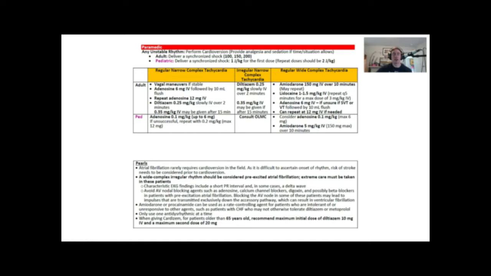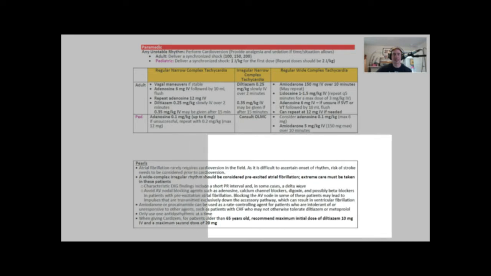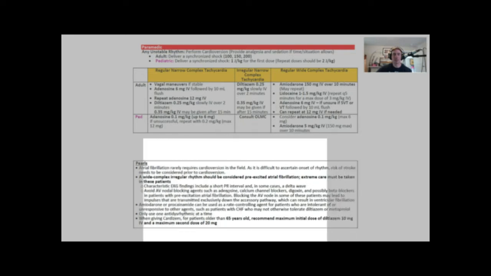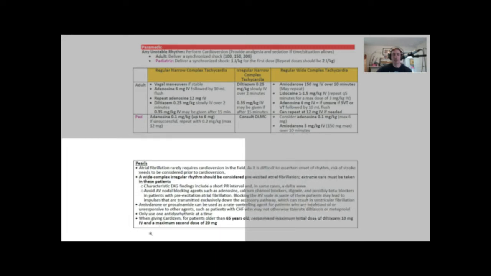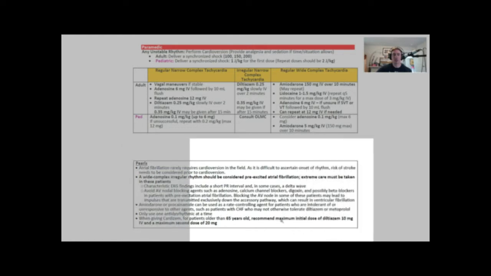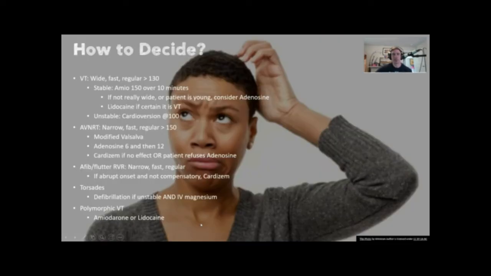A wide complex irregular rhythm should be considered pre-excited AFib. Extreme care must be taken in these patients. And of course, when giving cardizem for patients older than 65, the recommended maximum initial dose is 10 and maximum second dose is 20.